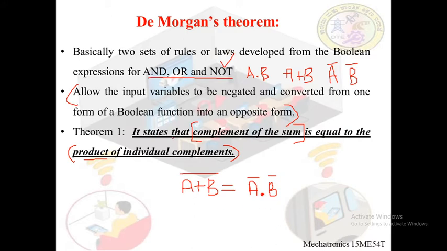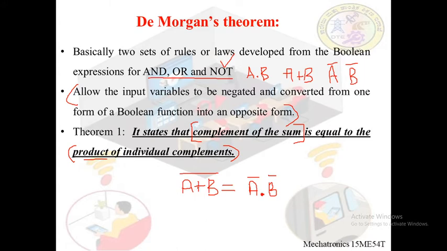Once again, let us try to understand. De Morgan's theorem states that the complement of the sum, that is the sum has been complemented entirely, is equal to the product of individual complements. Here we have individual complements. This complement of the sum is equal to the product of individual complements. That is what De Morgan's first theorem states.